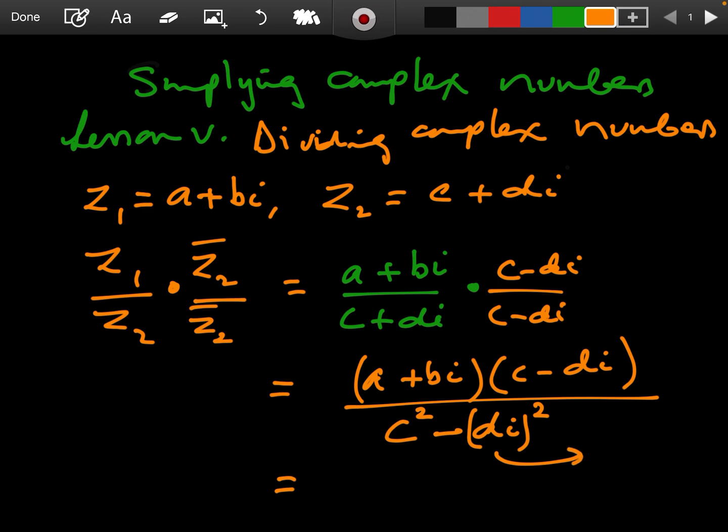This part here would simply be c squared minus d squared i squared, and i squared is minus 1. So the whole thing here can simply be written as c squared plus d squared.